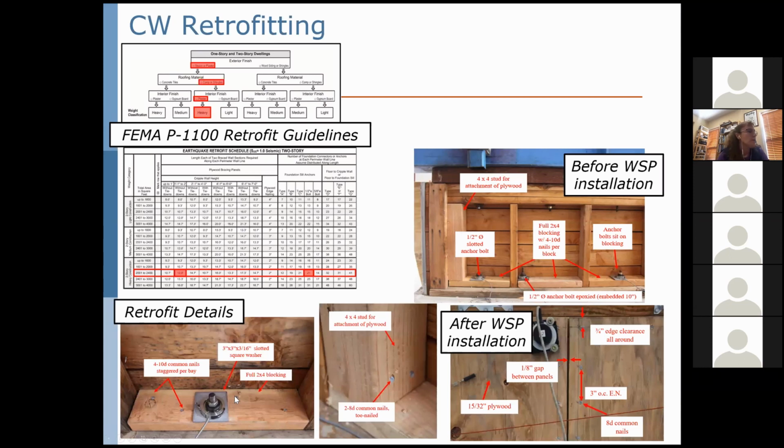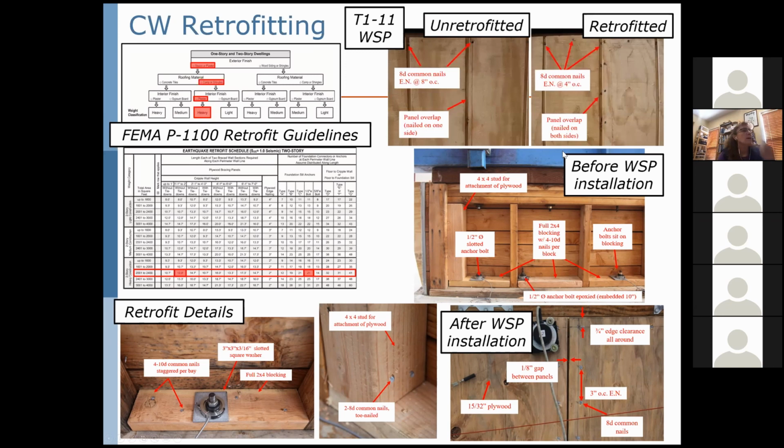We worked with folks in practice to get some guidelines in terms of blocking and nailing at anchorage, which would be ideally designed to detail the interior of the frame segment before the wood structural panel was installed. The only outlier to this was T111 in the case of retrofitting. The P-1100 retrofit guidelines allow us to simply augment or enrich that paneling with additional nailing. And so we applied that same technique here to the retrofit of T111.